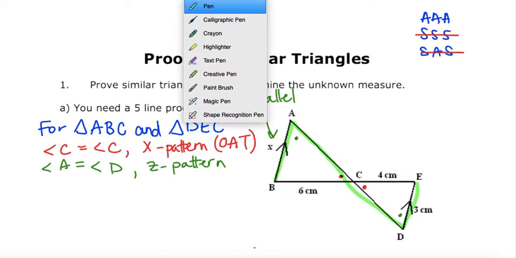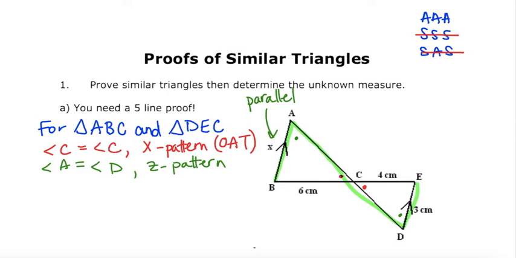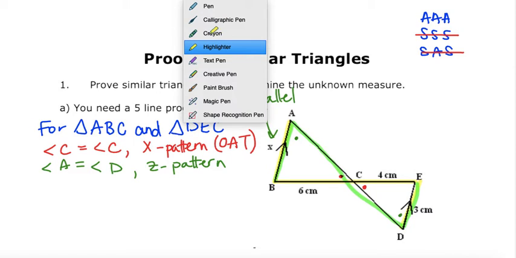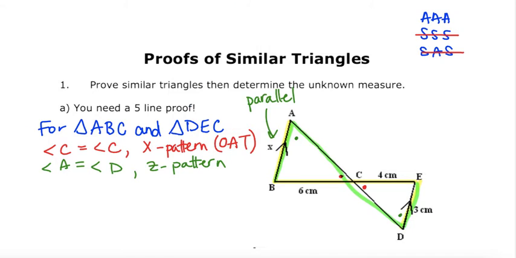Remember that the letters you're drawing using parallel lines can be in any direction. So I can draw a backwards Z, and show that the other 2 angles are going to be the same as well.